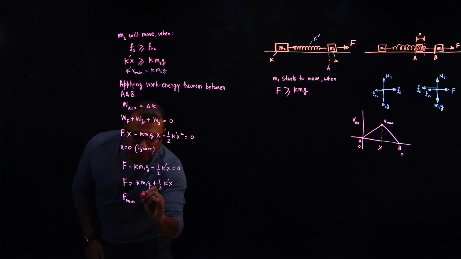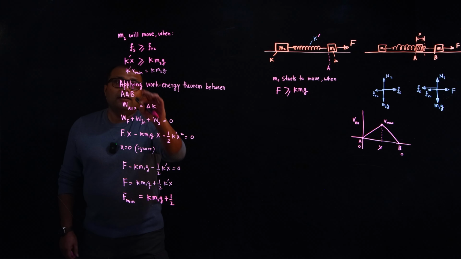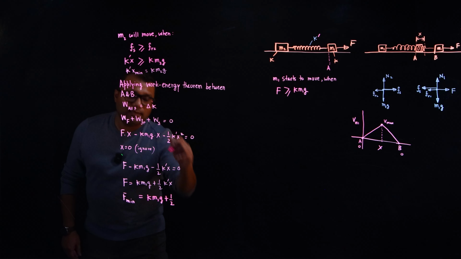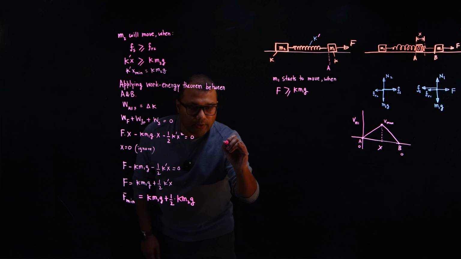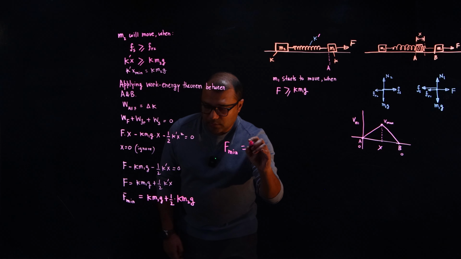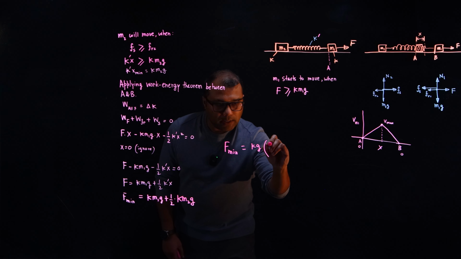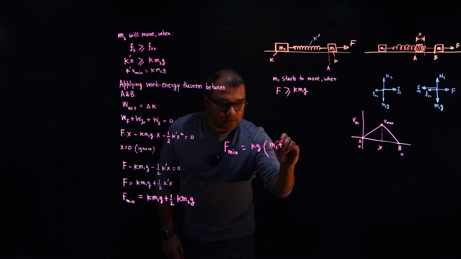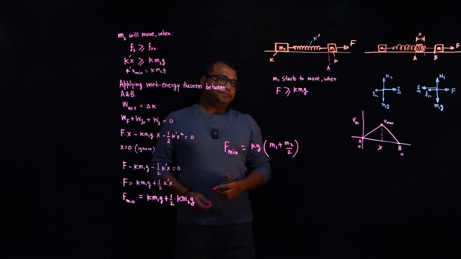So we can write F min is equal to k m1g plus half of k dashed x min, which is k m2g. So from here we arrive at F min, if I take kg common, is m1 plus m2 by 2.